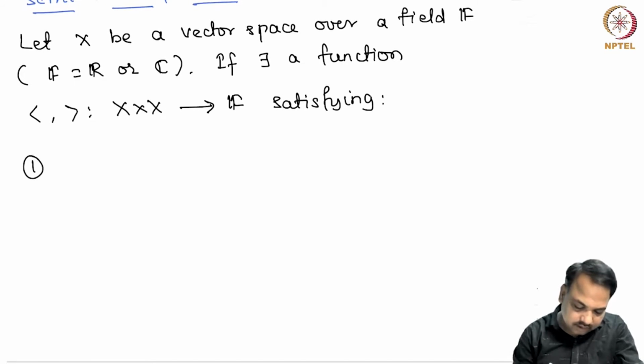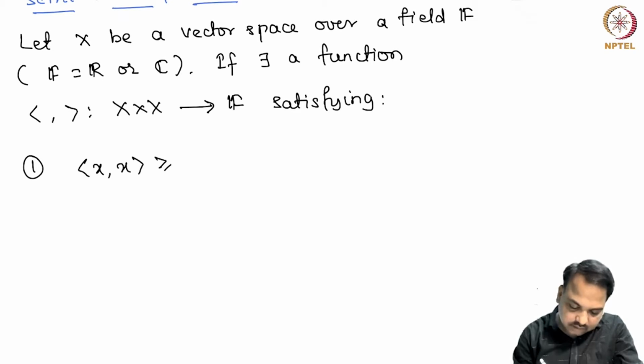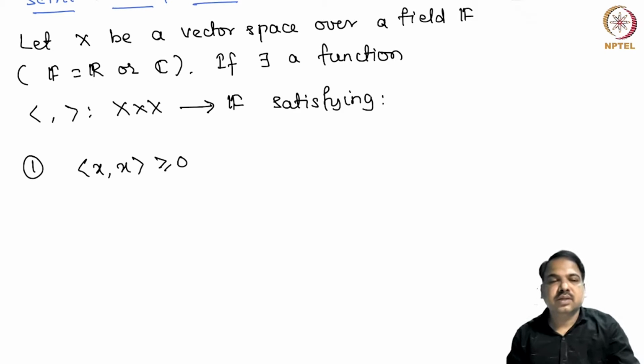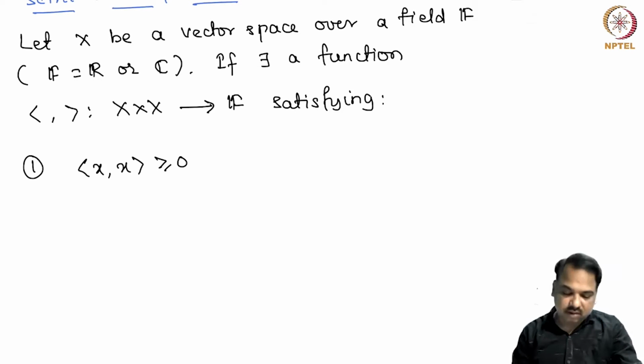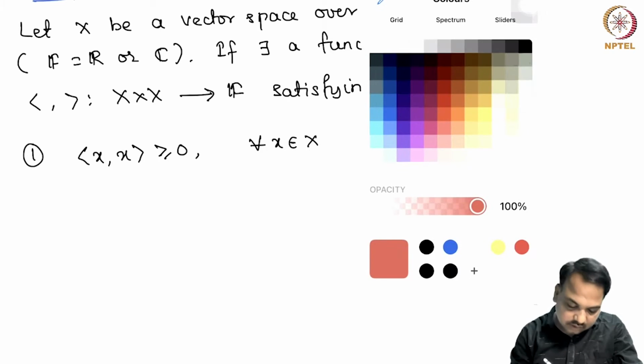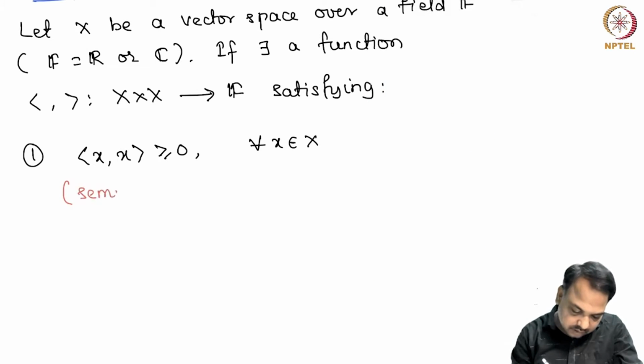The first one is the scalar product of x with itself is bigger than or equal to 0. This we call a semi-inner product. Instead of saying that function, we say from now onwards it is a semi-inner product between x and x. This is bigger than or equal to 0 for every x in X. So this condition is known as semi-positive definite.